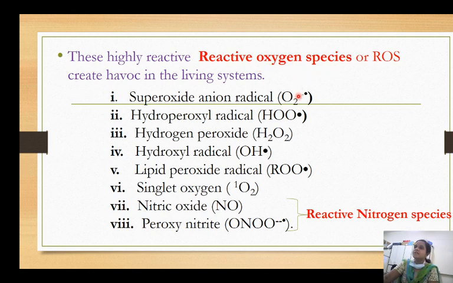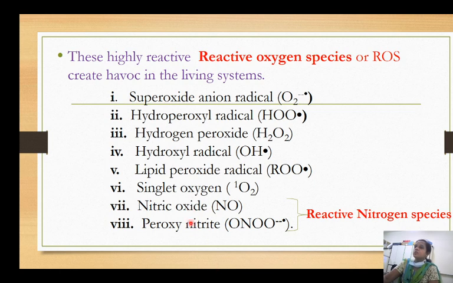So free radicals means the ones that are charged, like superoxide, hydroperoxide, hydroxyl ion, lipid peroxide and peroxynitrite. These will be included as free radicals, but these are also potentially dangerous like the free radicals. So to accommodate these two also into the reactive species, we use the term reactive oxygen species.